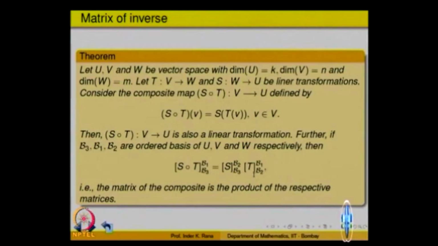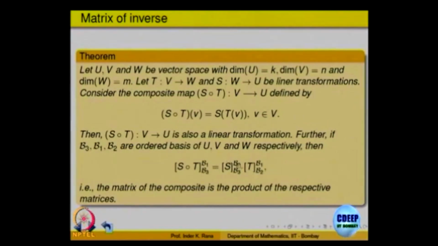So we will not again prove this theorem, but note from the point of view of computing things, for the composite we use B1 on V and B3 on U. Here S is from W to U, so its matrix is with respect to B2 and B3, where B2 is a basis on W and B3 is a basis on U. The matrix of T is with respect to B1 and B2.